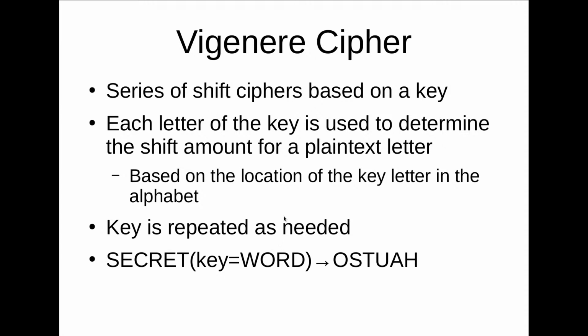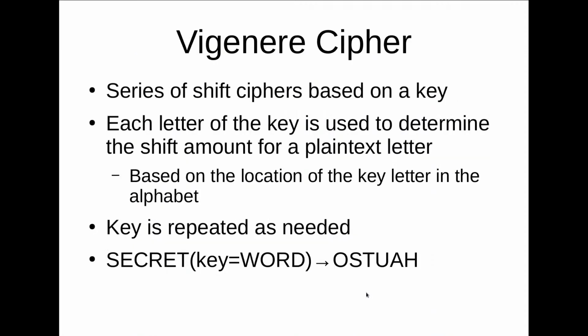If the key is shorter than the text you're trying to encrypt, you just repeat the key over and over. For example, secret, if you use the key word, gives you OSTUAH. Here you can see that the 2 E's don't line up anymore. There are no 2 of the same letters here, so it's less vulnerable to frequency analysis as a result.